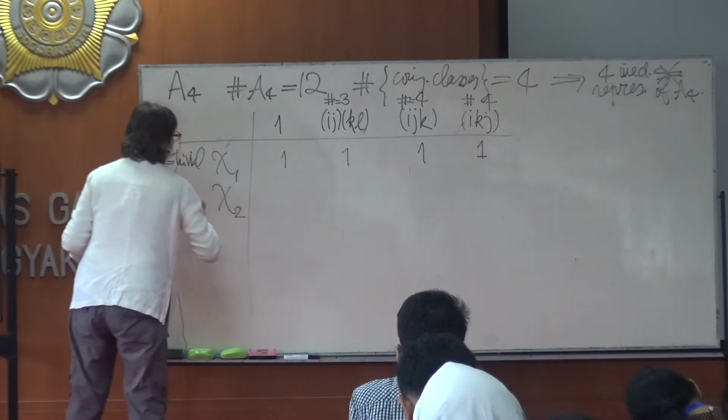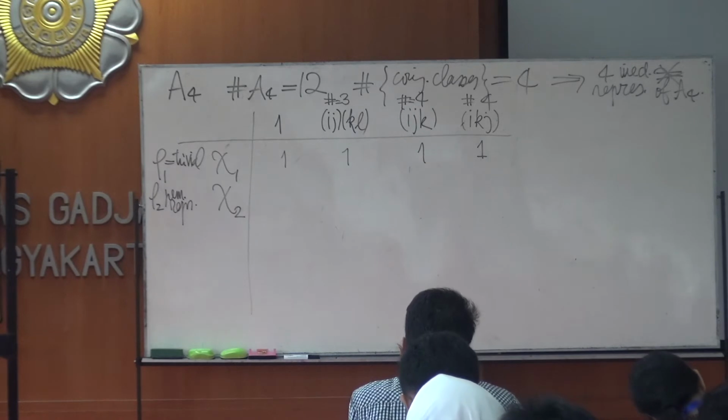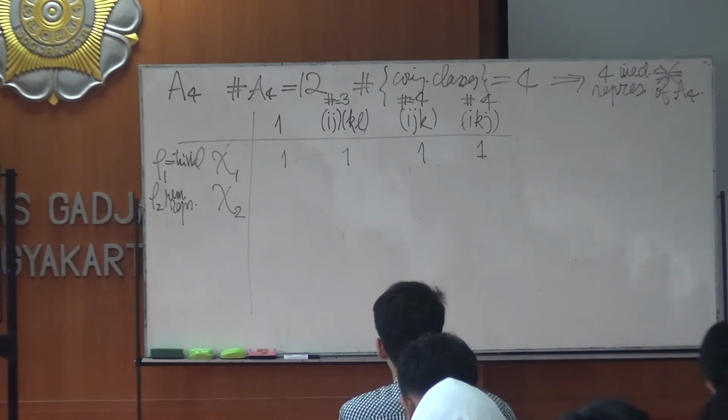And now we compute the characters of chi 2.